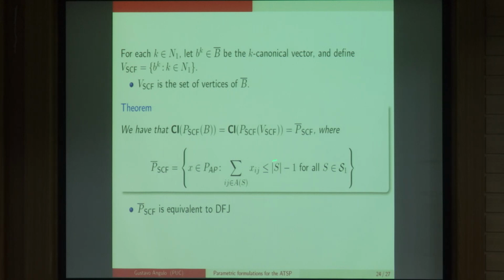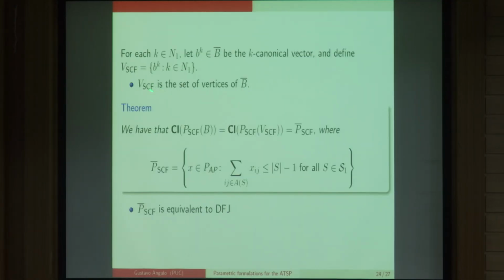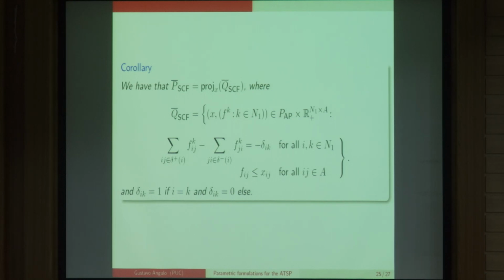And once we see this, these are precisely the click inequalities, which are the inequalities that define the Dantzig-Fulkerson-Johnson formulation. Okay. We also know that this formulation is equal to the projection of a multi-commodity flow formulation. And actually, if we take these using this set of vertices, we do recover the same extended formulation, which is called the multi-commodity formulation.